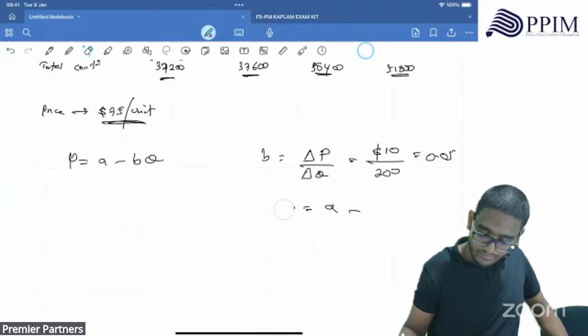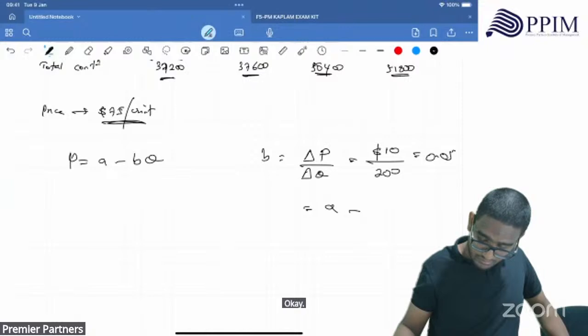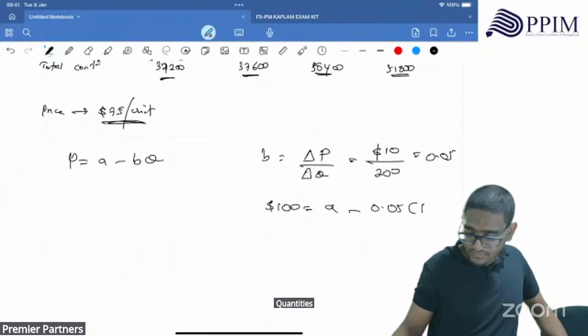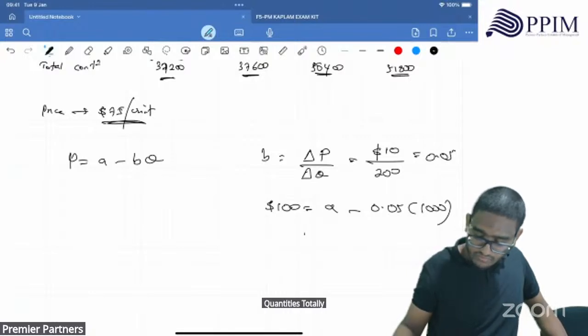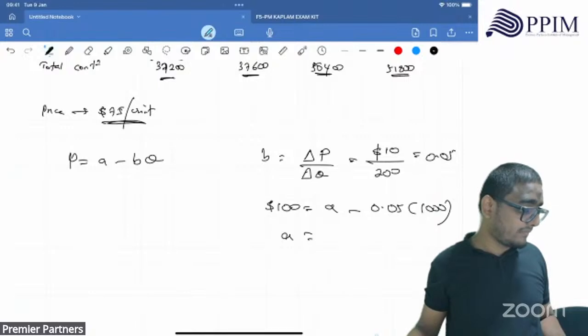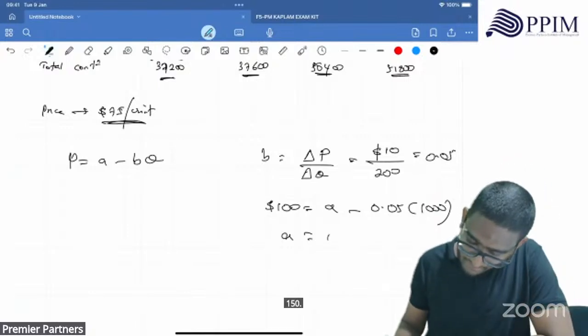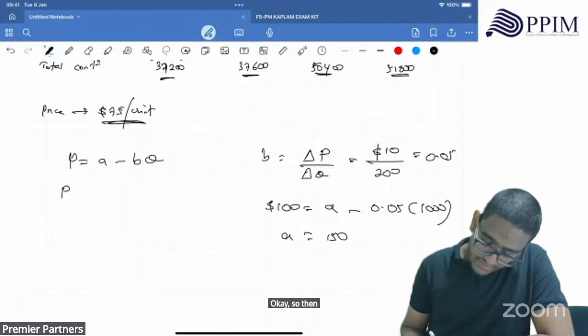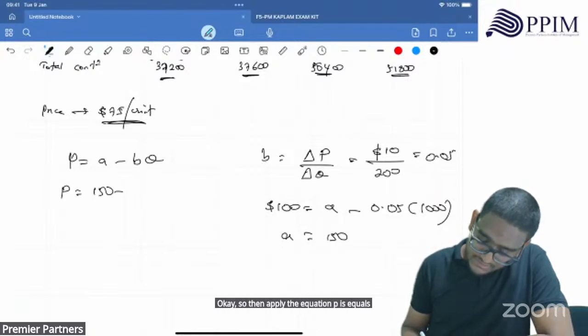Price is 100 when quantity is 1000. So therefore the value for A was 150. Okay, so then apply the equation P is equals to 150 minus 0.05Q.